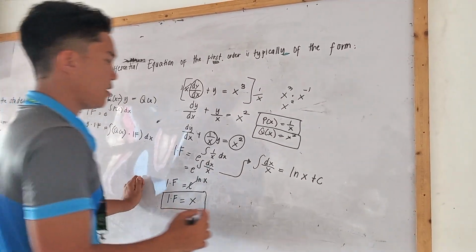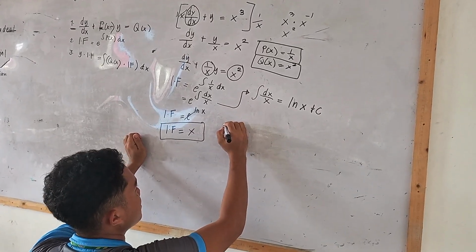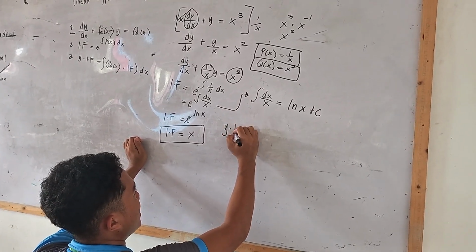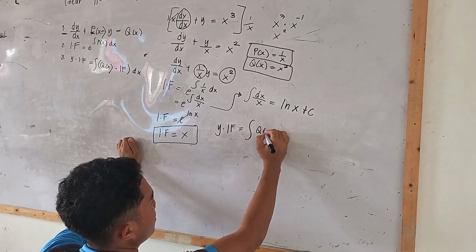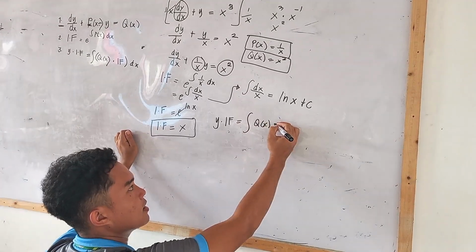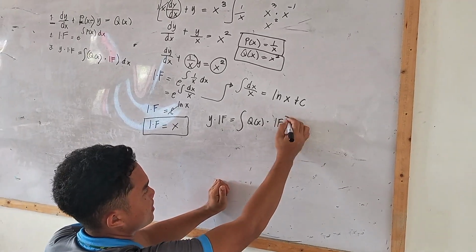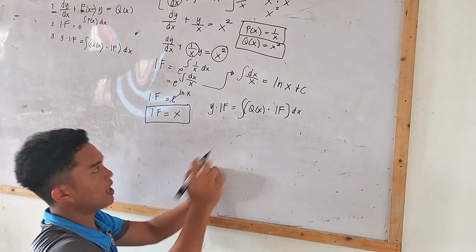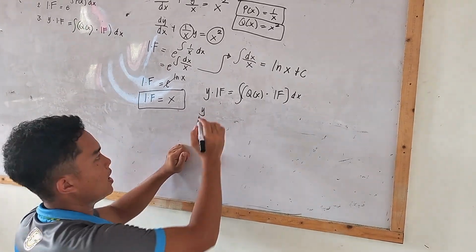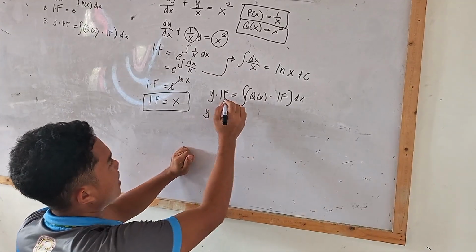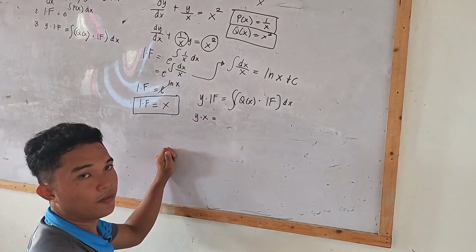So now, we're going to the third formula. Y times IF is equal to the integration of q of x times IF dx. So now, substitute the value. So y, we do not have y already. IF, we have x.